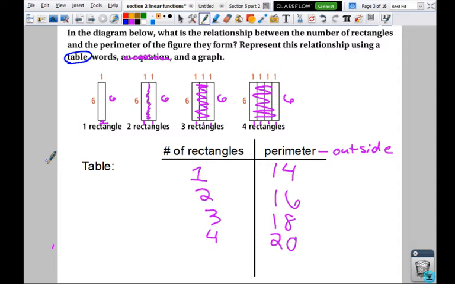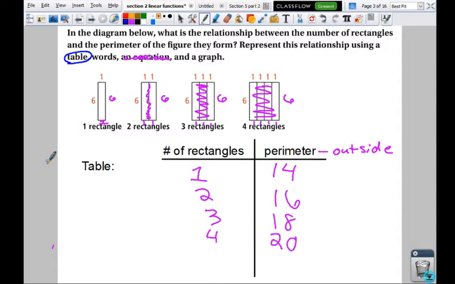So I'm going to describe how this is going to change with words. There's kind of the same thing we do for words. There's like a pattern, I guess. So if I'm going to talk about words, I'm going to talk about where I started and then how much I changed by. So where did I start when I had my 1 rectangle? What was my perimeter? 14, right?